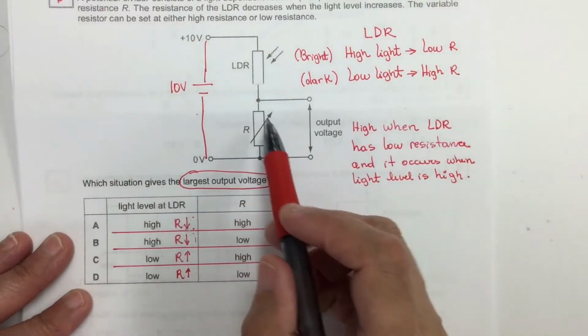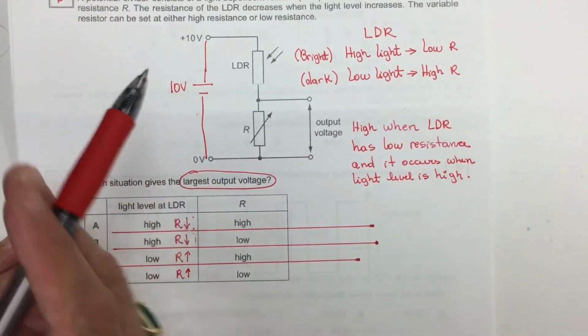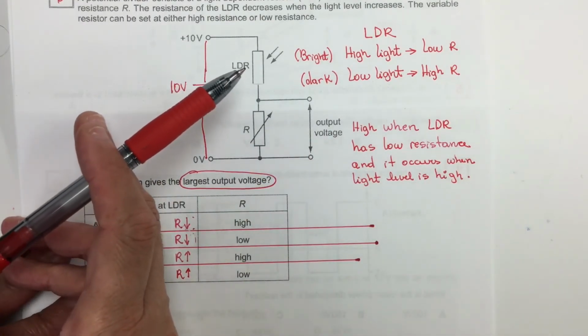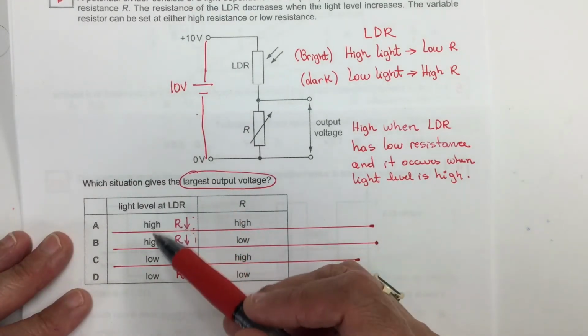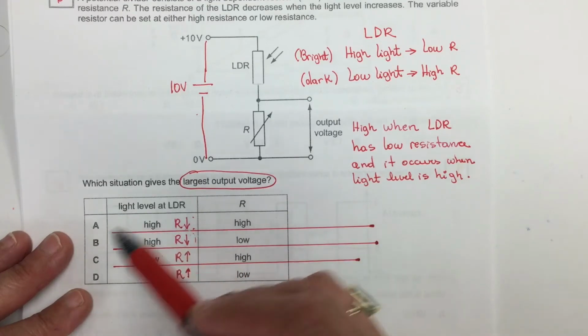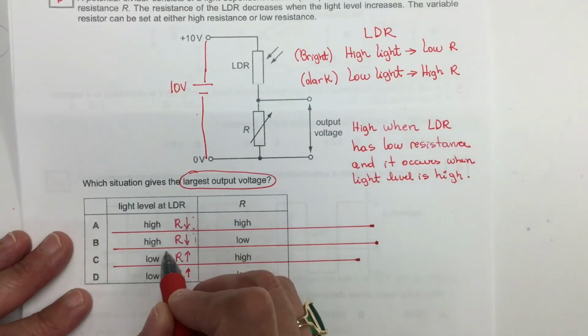So in order for this output voltage to be greater, my LDR resistance must be low. It's going to be low, and of those options, A or B, when the light level is high. So this is eliminated.